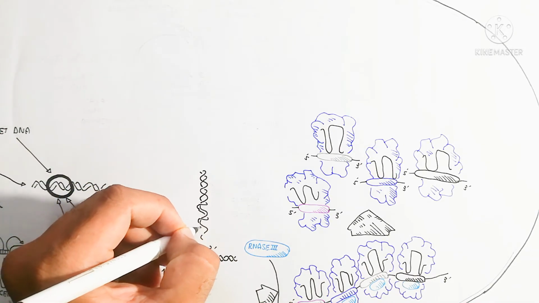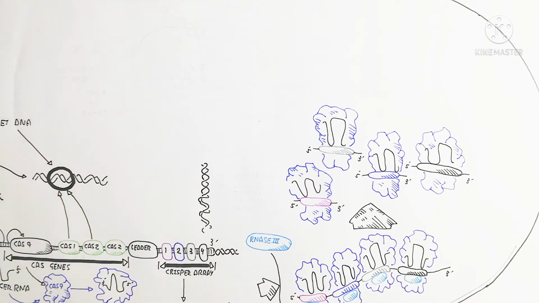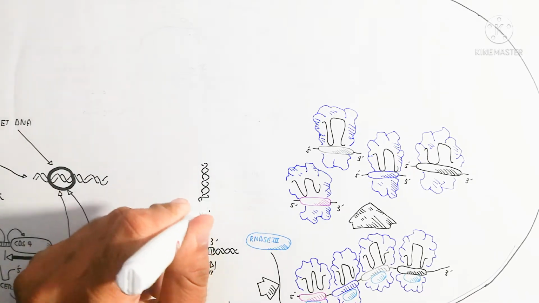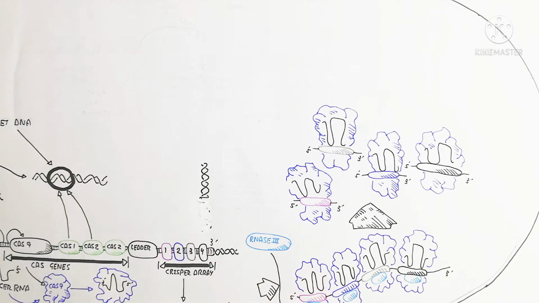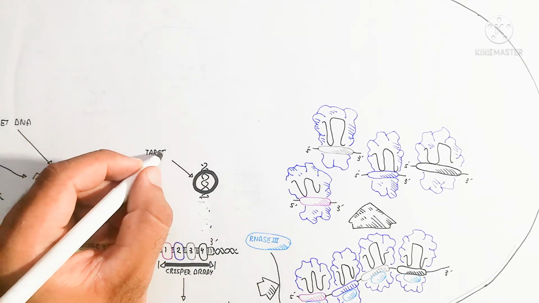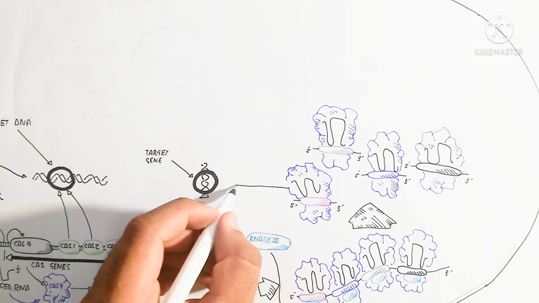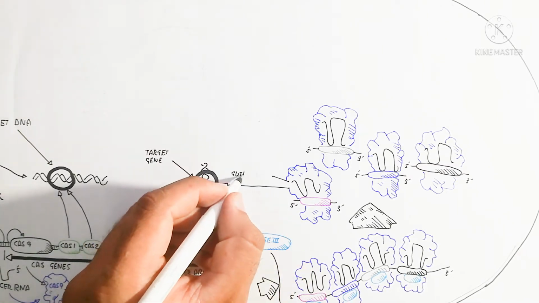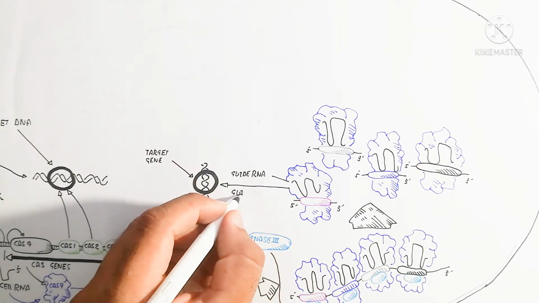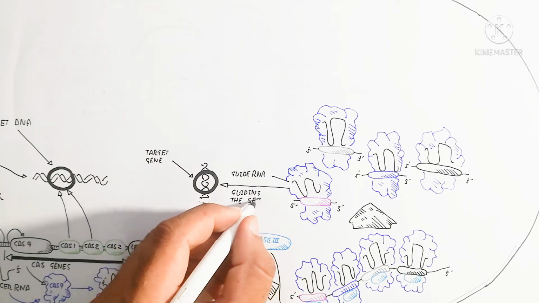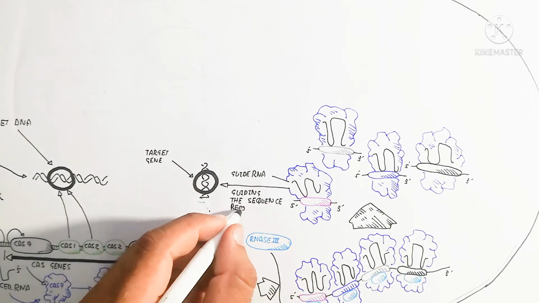So it is basically 5' to 3' already. It is the cutting site, and cutting produces segments of the tracrRNA-Cas9 binding complex. This complex contains a guide RNA.